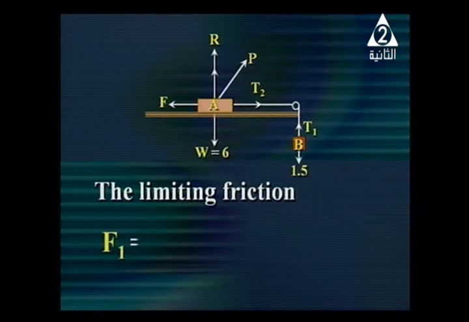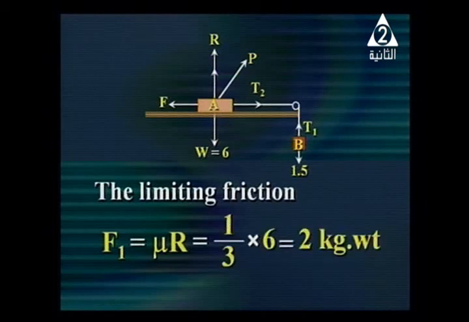The limiting friction equals mu R. What is mu? One third. What is R? 6. If we multiply one third times 6, it equals 2 kilogram weight. Remember, dear student, we compare this force with the 1.5 tension.